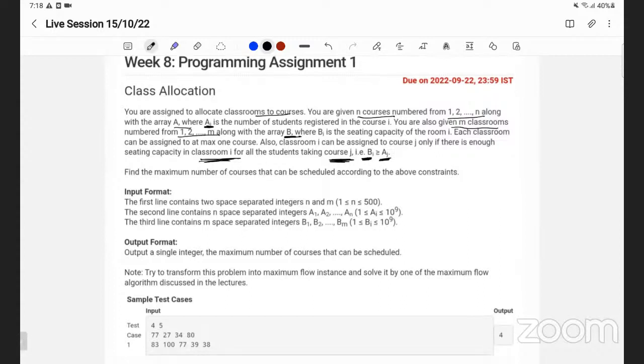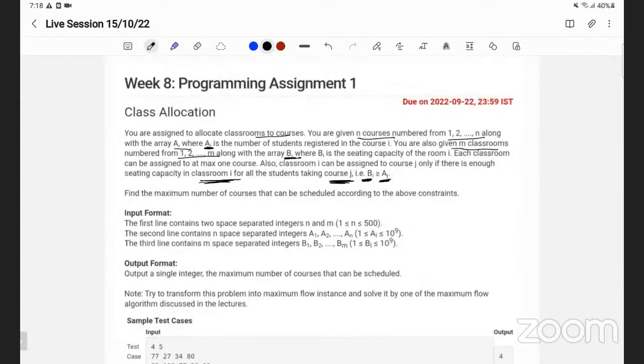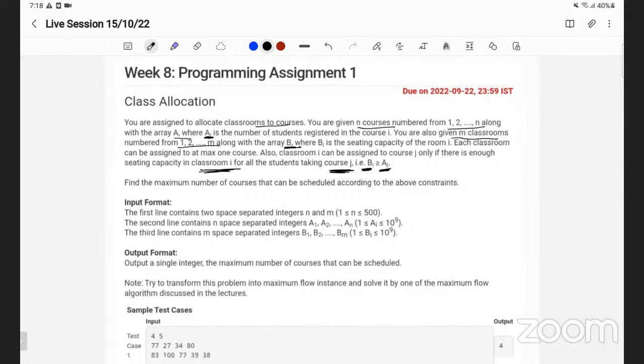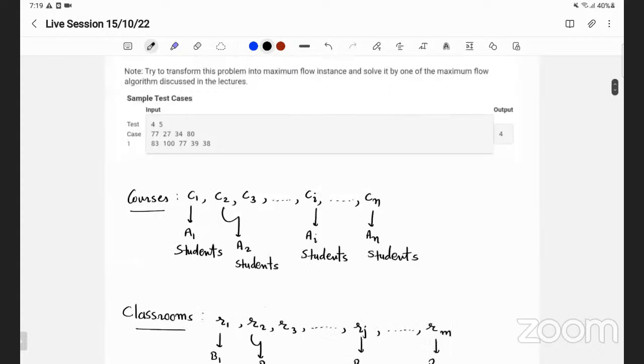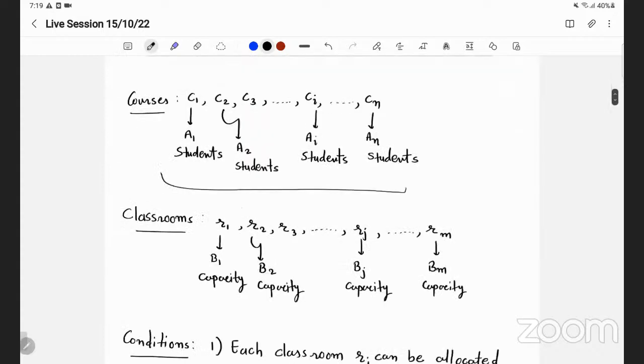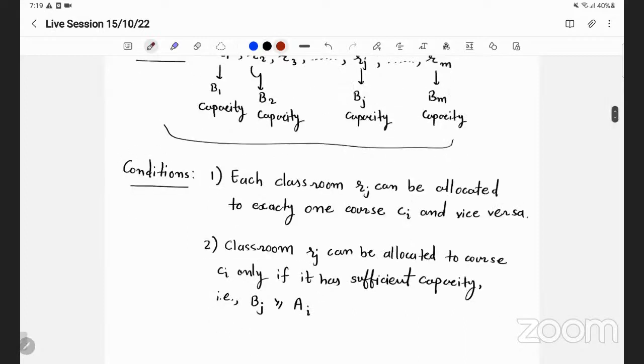So Sahil, would you like to share your approach if you had solved this problem? Or okay, I'll just go ahead with the solution that I had thought in my mind. So we are given these courses and these classrooms, and there are these two conditions that I just explained. Each classroom R_j can be allotted to exactly one course C_i and vice versa.